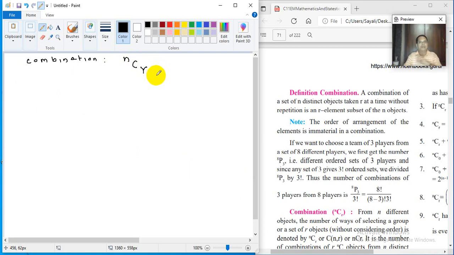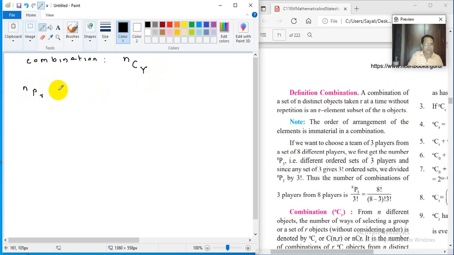मग आता हा फॉर्म्युला मला कसा डेव्हलप करता येईल. जसं आपण म्हटलं ना, NPRचा फॉर्म्युला काय होता, तर n factorial divided by (n minus r) factorial. मग आता आपण NPRचा जर विचार केला तर NPR म्हणजे काय आहे बघा.